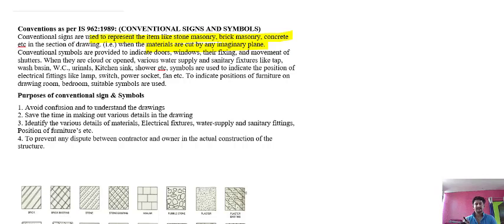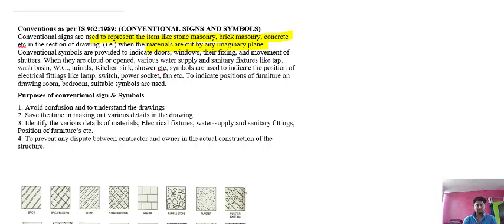Suppose you are cutting a section in this wall, you need to indicate what type of material is there in that wall: whether brick masonry, concrete or plastering. You need to show that by drawing symbols.